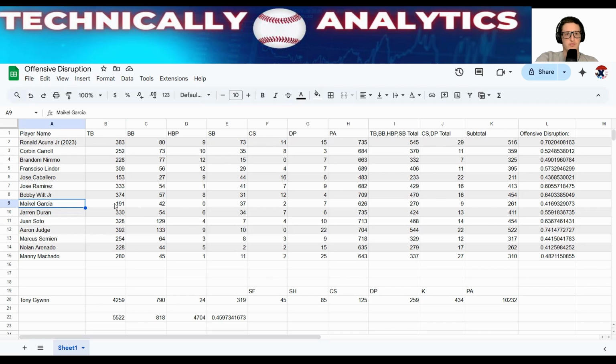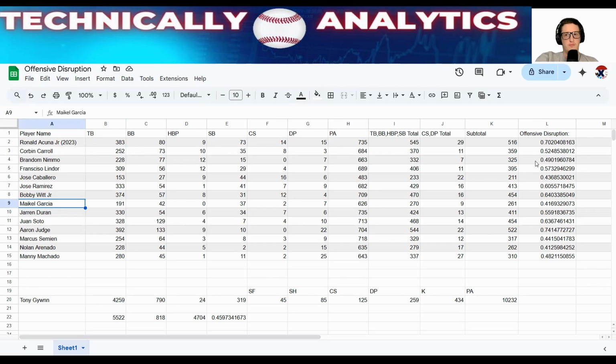Miguel Garcia, for example, has total bases, walks, hit by pitches of 0, and his stolen bases are not all that high. It's not like he's Acuna or Judge or Soto, and he doesn't have a lot of negatives either. Only 7 double plays and only 9. So it's not like he's doing anything too crazy, but because of his lack of total bases and his amount of plate appearances, it means that he's just getting outs, basically. He's not causing the defense any mistakes necessarily.